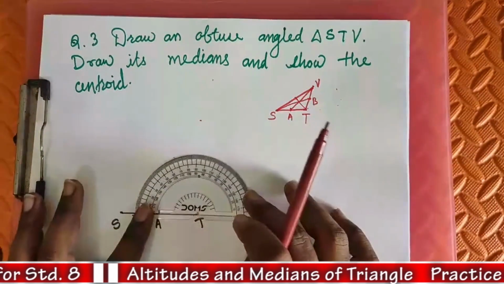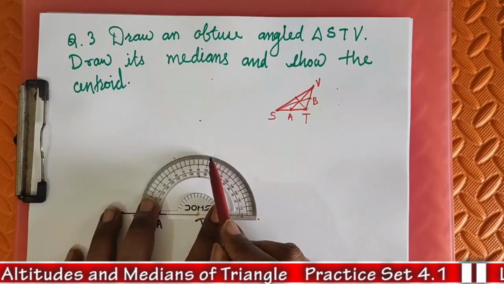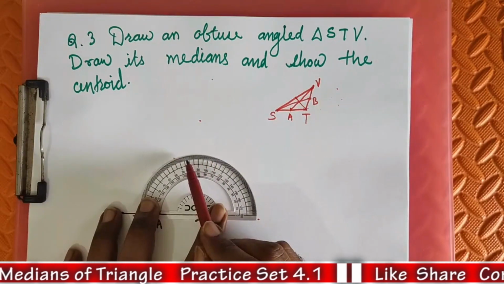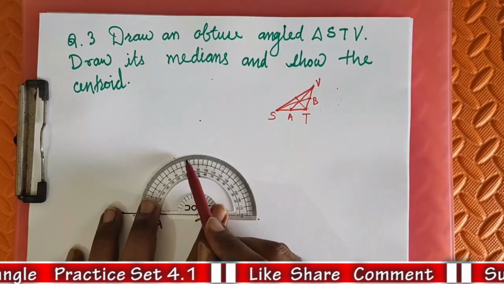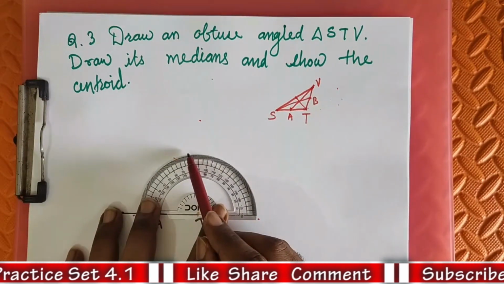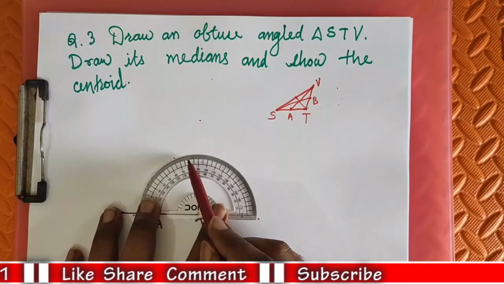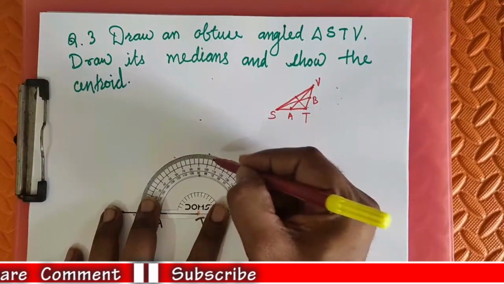Take your protractor. On right hand side there is 100. Don't measure on left hand side. If you measure on left hand side there is 100, but there is also 80. That will be an acute angle, 80 degree. So don't take the point on the left side, take it on the right side. 100 degree.